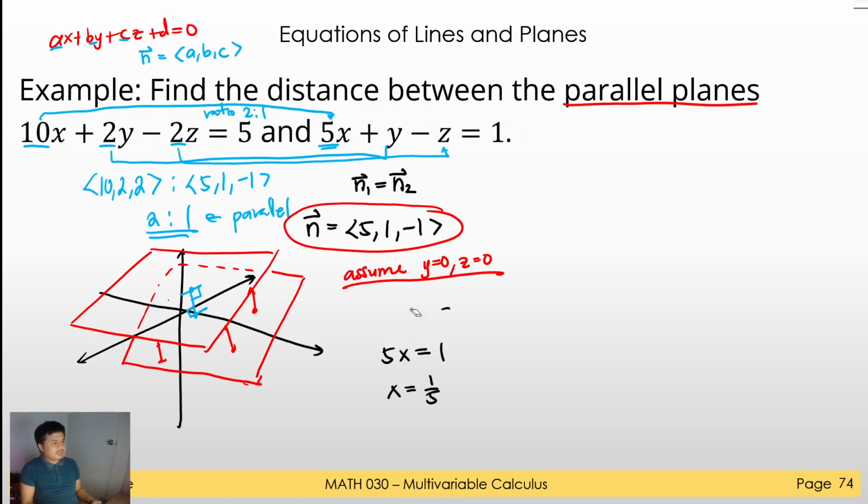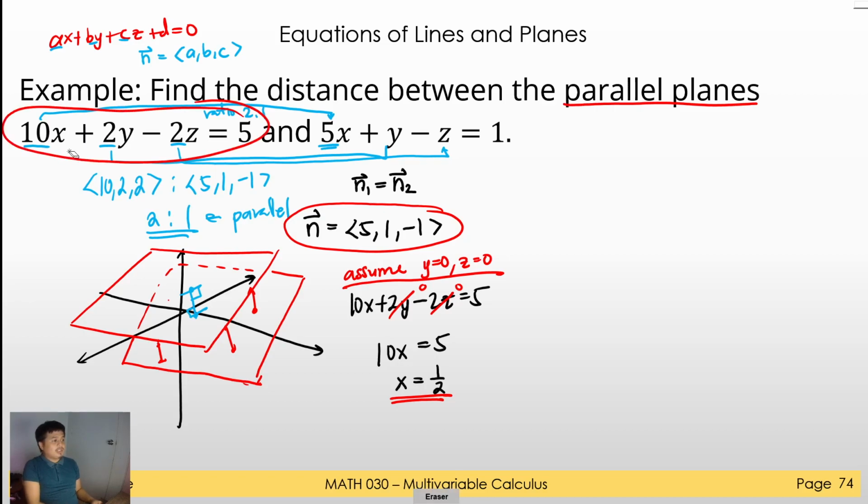So we have 10x plus 2y minus 2z is equal to 5. This will be cancelled into 0, so 10x is equal to 5, therefore x is equal to 1/2. It will not yield the same answer otherwise, so if you use this as your orthogonal vector, you should use this as your other point.